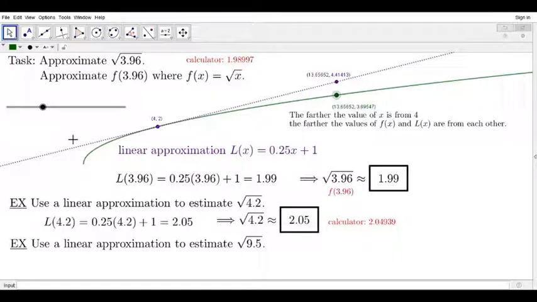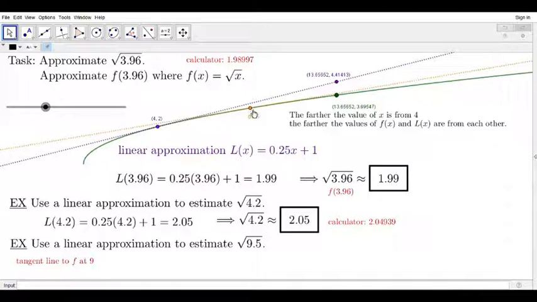So we can't use the same tangent line, but since 9.5 is close to 9, what we've got to do here is use the tangent line to f, not at 4, but the tangent line at 9.